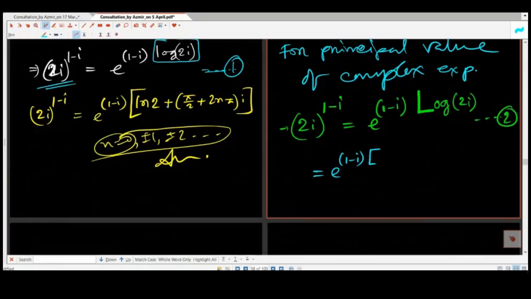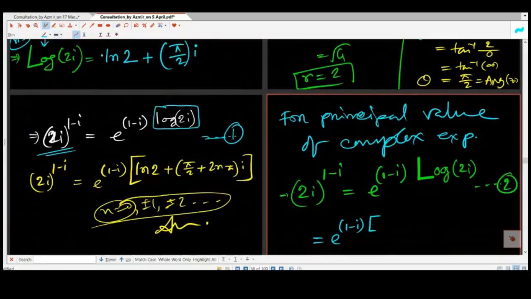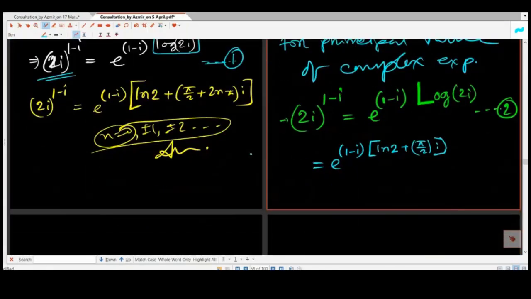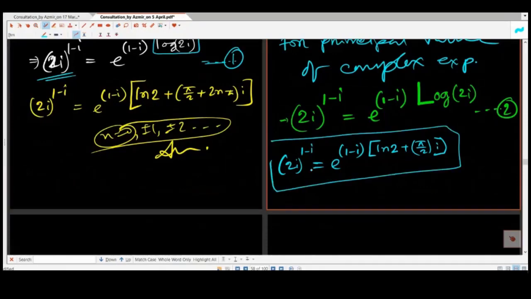This log is coming from this one. It is natural log of 2 plus pi by 2 i. So this is the principal value of this complex exponent. We can say this is a function f of z equals this one.